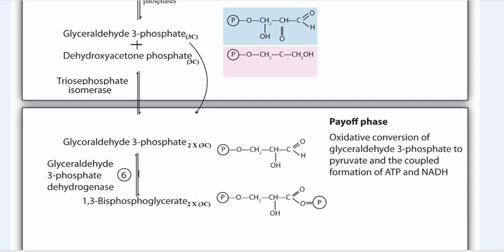Let's see the number of carbon. First carbon, second carbon, third carbon. And we have a phosphate on third carbon. Same way, first carbon, second carbon, third carbon. We have a phosphate on third carbon as well as we have phosphate on first carbon. So one phosphate is added.